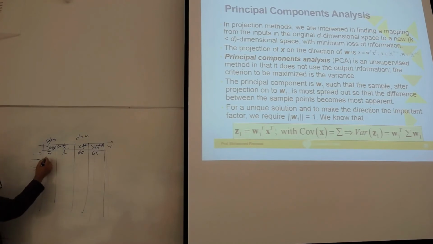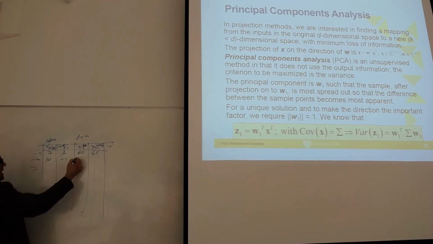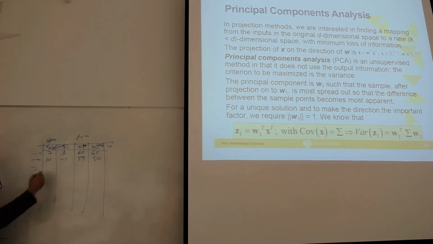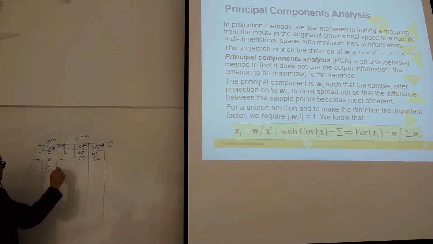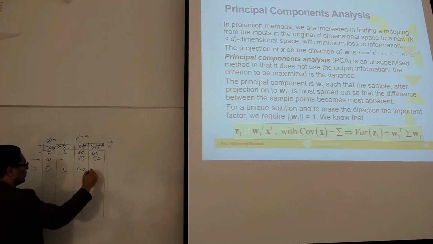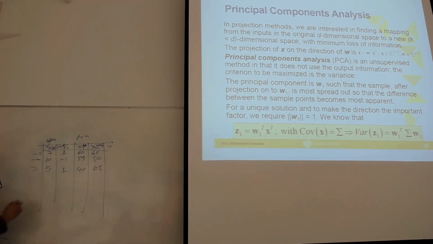And this one maybe 10,000, minus 1, 59 and maybe 50 as age. And this person maybe is 5,000, the gender is maybe 1, the age is 40, and the weight is maybe 105, and so on.